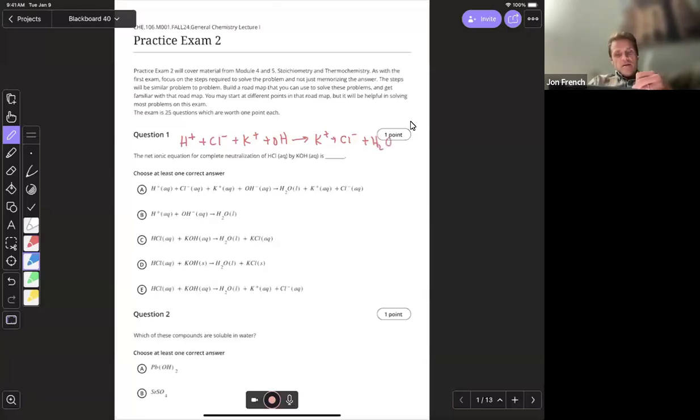Making our spectator ions the potassium and the chloride. For any strong acid, strong base neutralization reaction, the net ionic equation will always be proton plus hydroxide yields water.